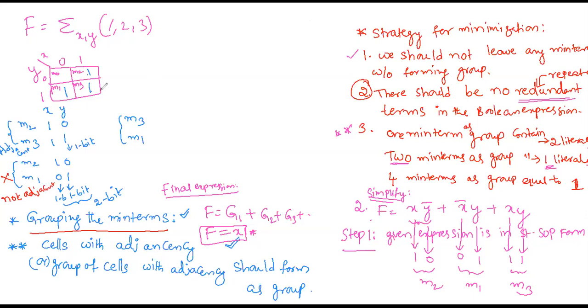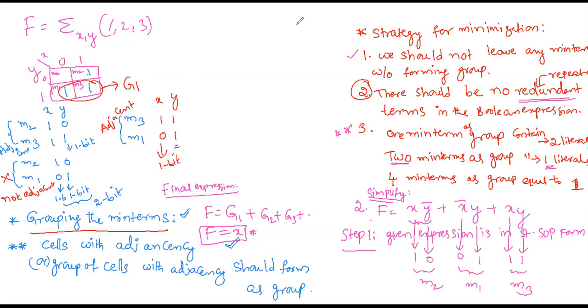Next, M3, M1. M3 is 1 1, M1 is 0 1. The X value is 1 and 0, a 1 bit change, and Y is 1, 1, same. So 1 bit change means adjacent. Whichever cells are adjacent, you need to form as a group. So M1, M3 is one group; give the name group 1.